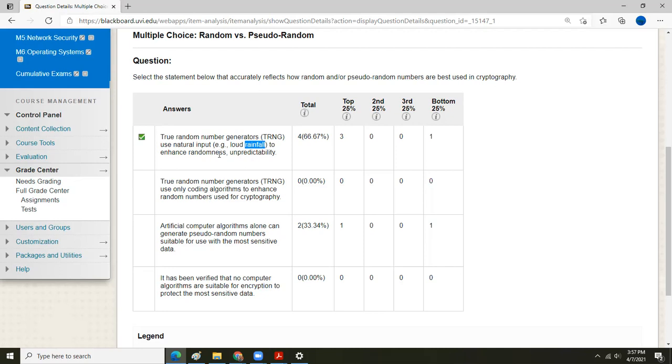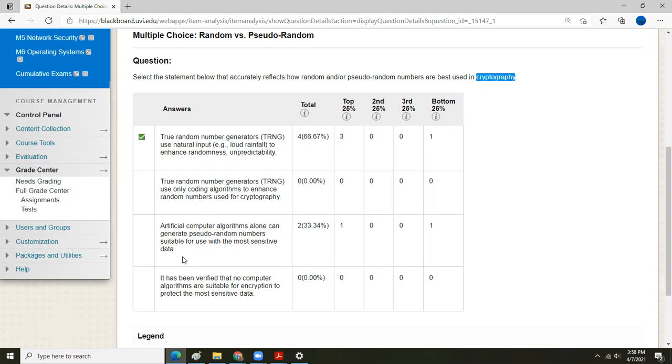As you record that, it's generating a random input. That random input, when it's used by a computer, will turn pseudo-random numbers into very useful numbers. That's called a true random number generator. And a true random number generator uses the natural input to enhance randomness and unpredictability that's suitable for use in cryptography.